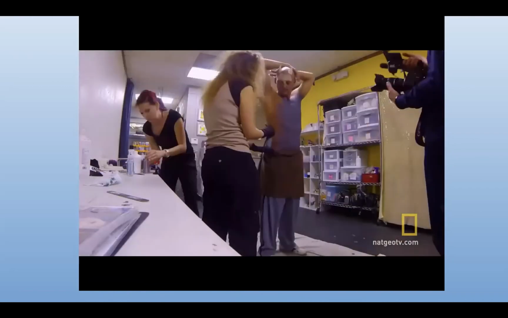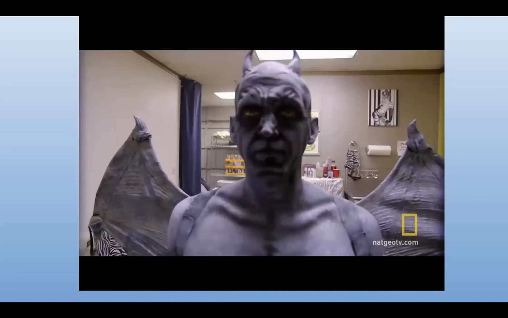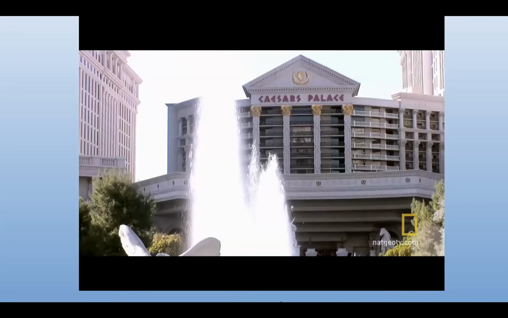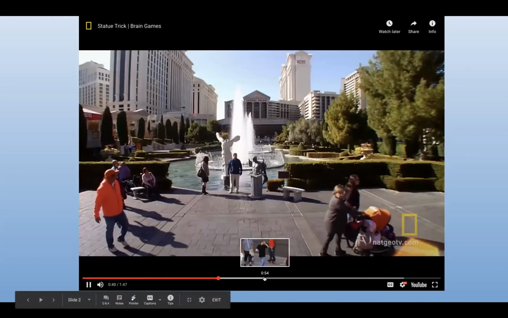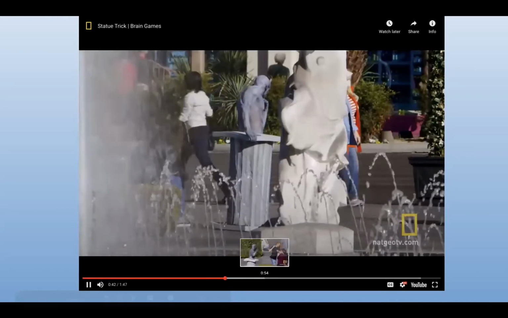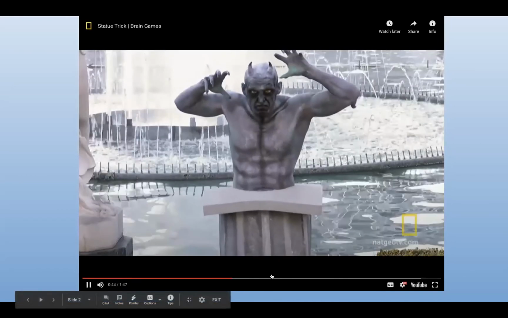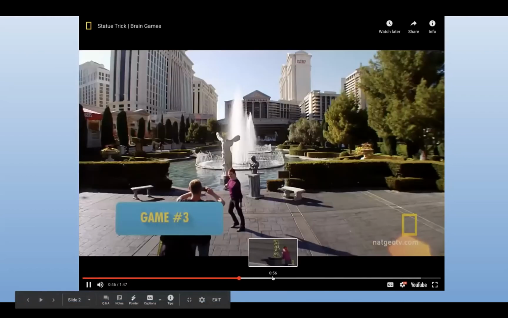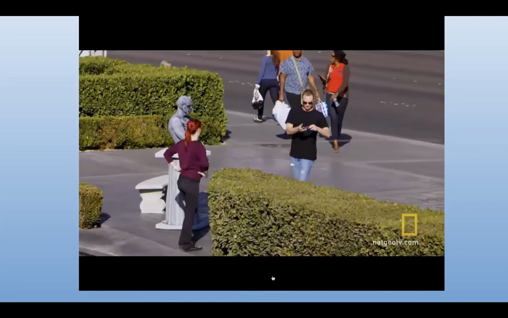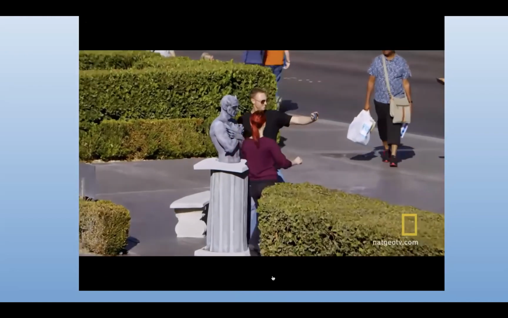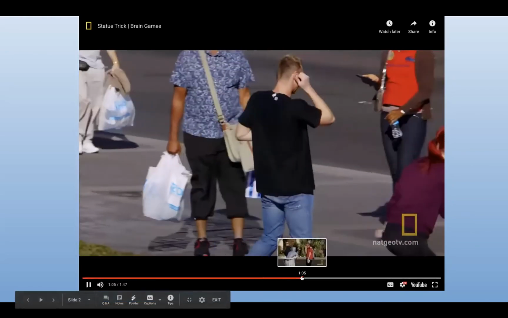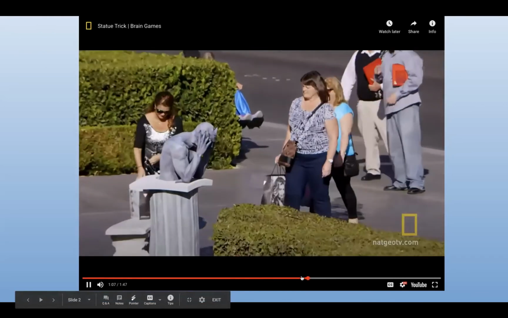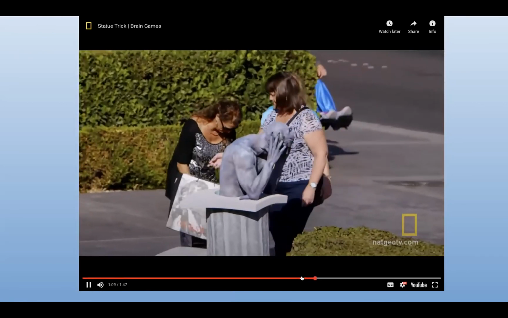We brought in a team of makeup artists to transform our actor into an inanimate statue outside Caesar's Palace, Las Vegas. And then we set up cameras to see what happens when our statue suddenly comes to life. This should make a nice souvenir vacation picture, but watch out for the photobomb.